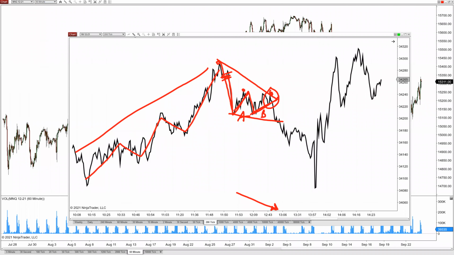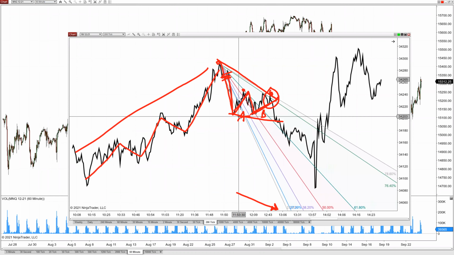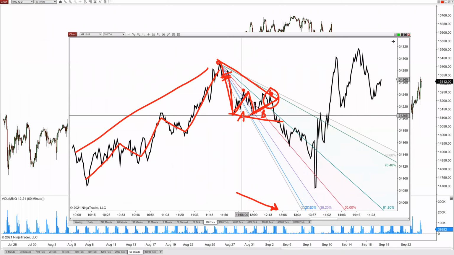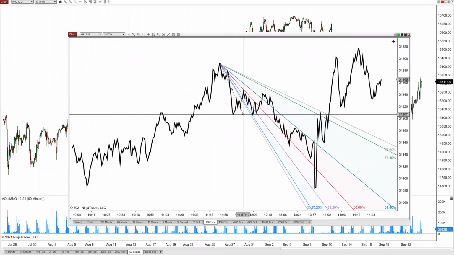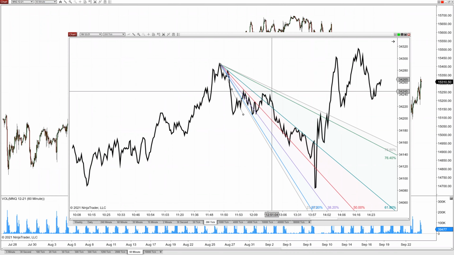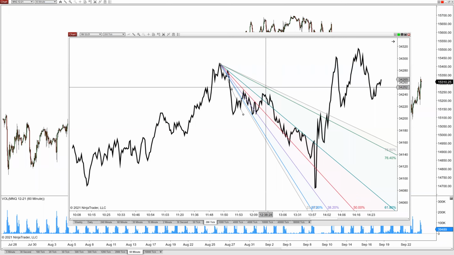So let me show you how we do that. Grab this here, grab our Fib fan, hook it up. So I want to see where the 50% and the 61.8% fan hook up. So if we look at where the 50% hooks up with that first 2-wave correction, this gives us a maximum short zone over here.